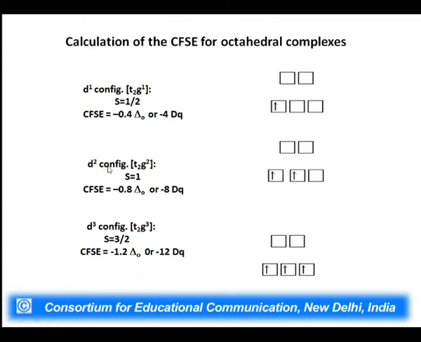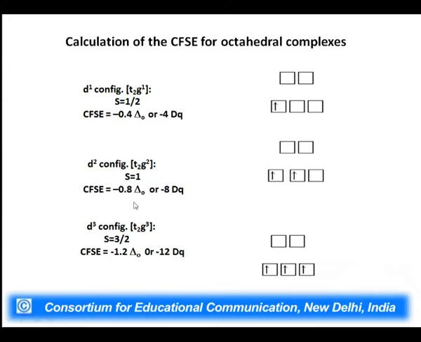Similarly, for a D2 ion, titanium 3 plus can be an example of D1, so titanium 2 plus can be an example of this.